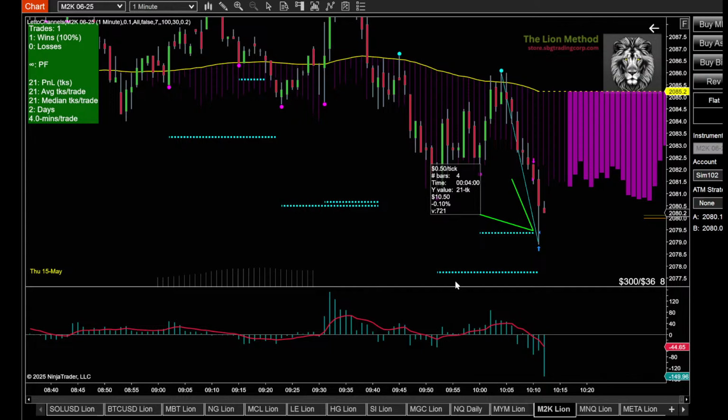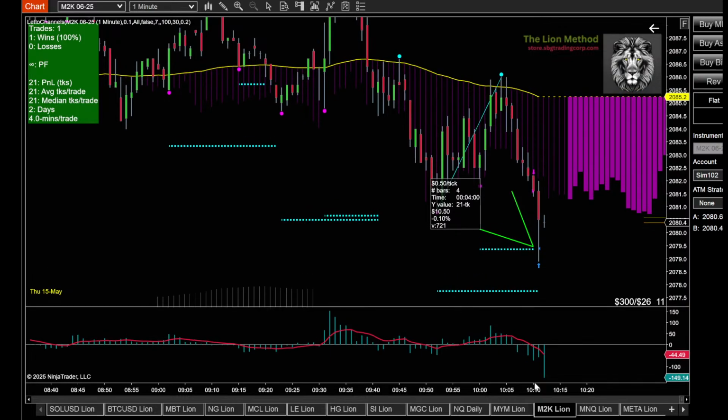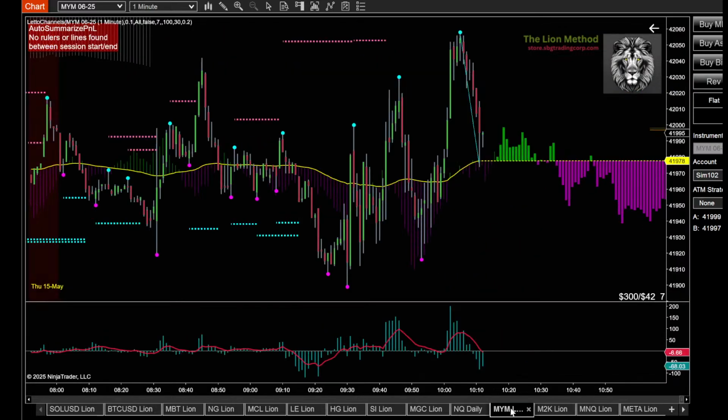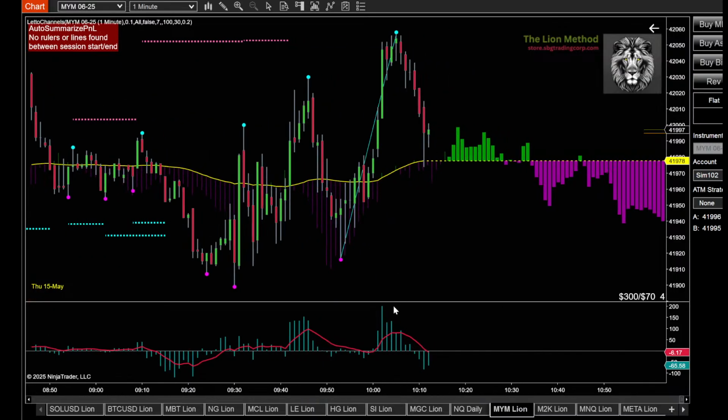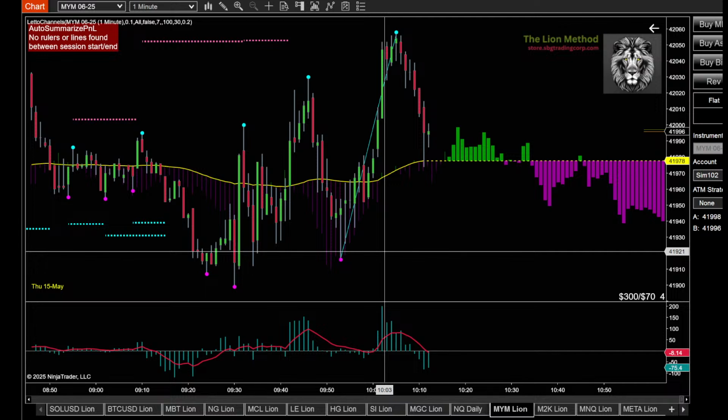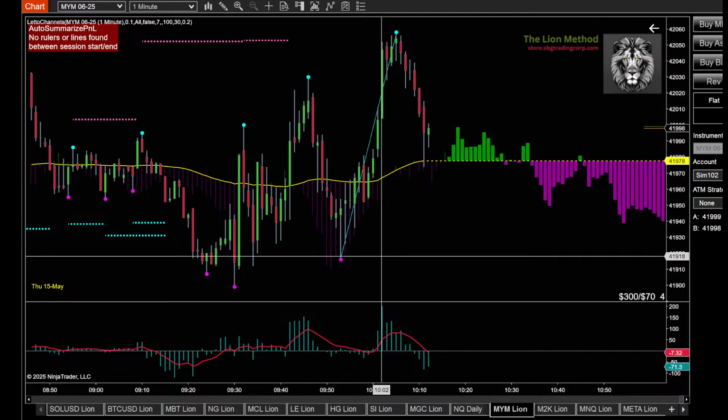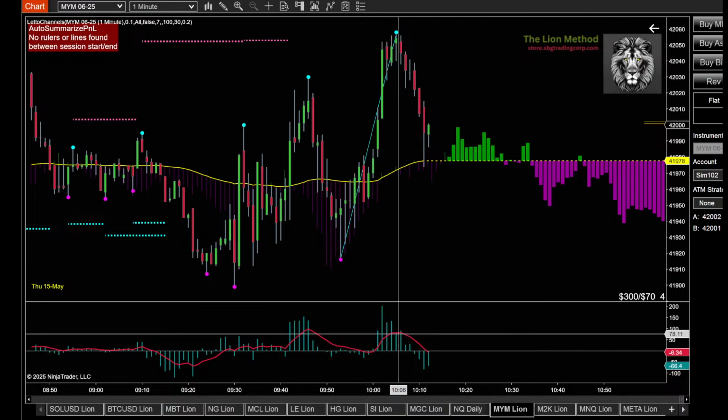All right, order flow is continuing south, and that's fine. Let it go. Look at that. Interesting, huh? Order flow peaked here and then dropped off pretty strongly underneath its average.